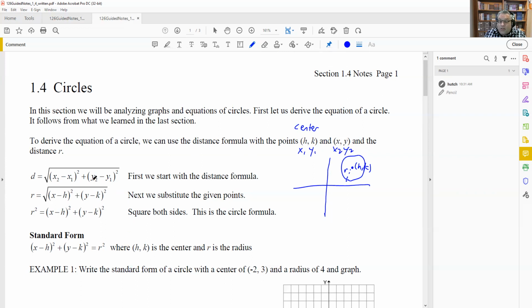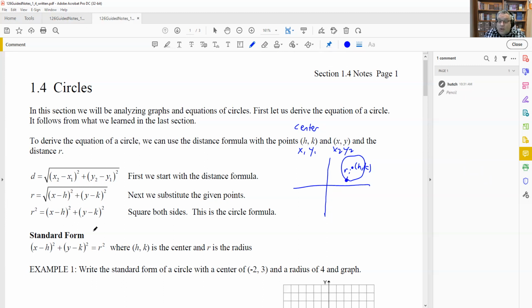And then the distance that you're finding, if you're trying to find the distance from the center, HK, to a point outside there, which would be XY, that would end up being the radius. So instead of the D, we'll put an R for the radius. Then you just square both sides to get rid of the radical.